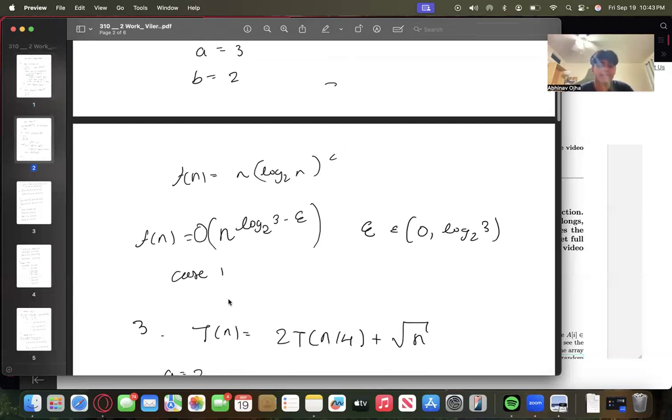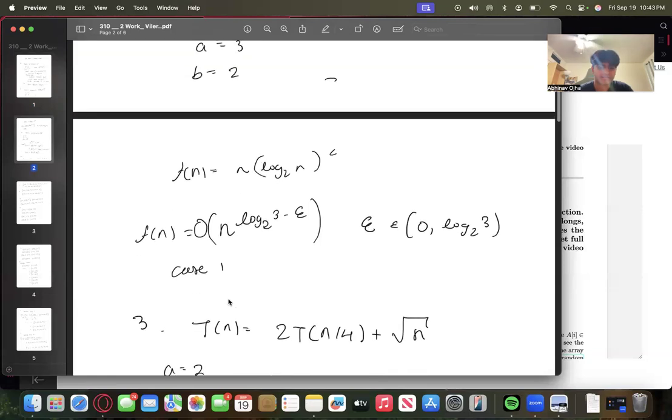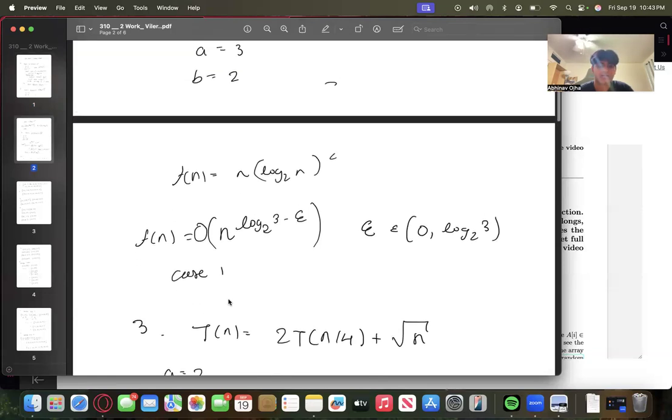So f of n in case 1 is just big O of n to the log base 2 of 3 minus e, where e is in some range of 0 to log base 2 of 3.